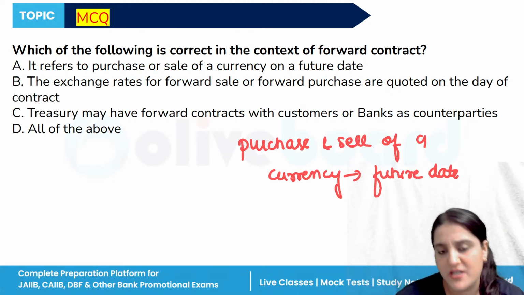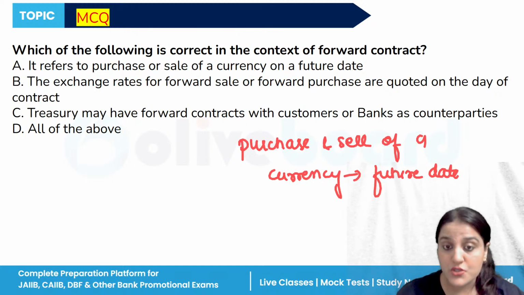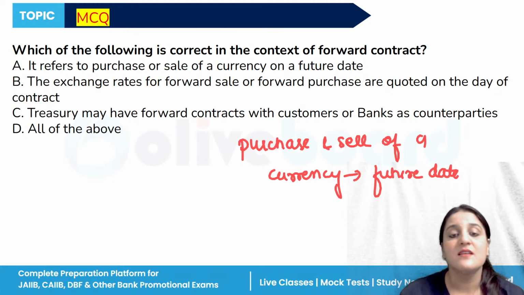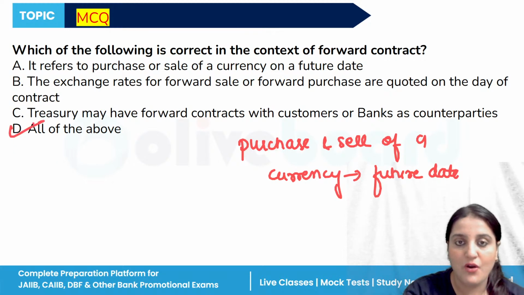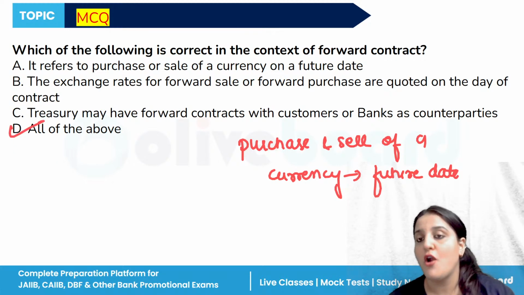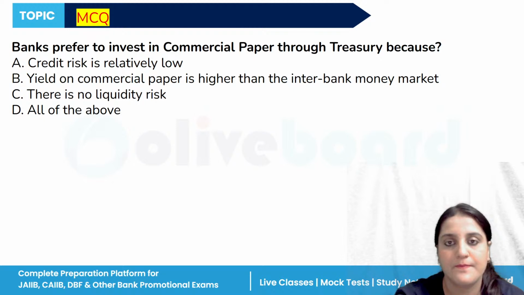Treasury may enter into forward contracts with customers or with banks as counterparties. So if you read the options, you will find all are correct in the context of the forward market.